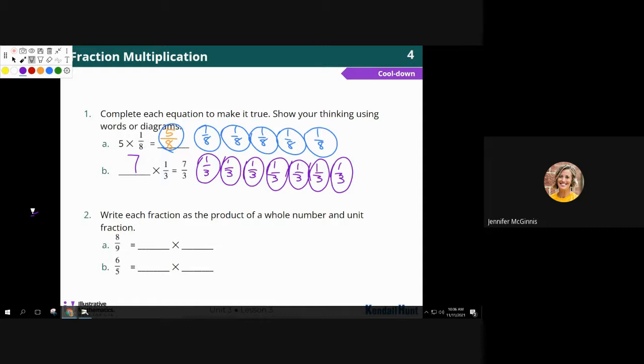Great. Now, write each fraction as the product of a whole number and a unit fraction. Who wants A? I'll take it. Gabe?